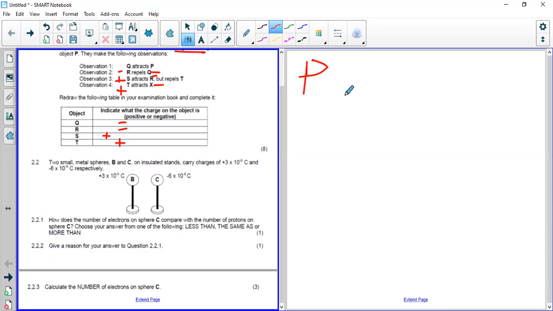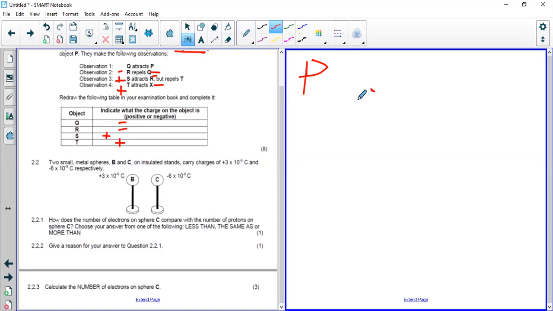For this one you're going to use your equation. Your equation is, for the number of electrons, we use Q equals n QE, where QE is the charge on an electron.